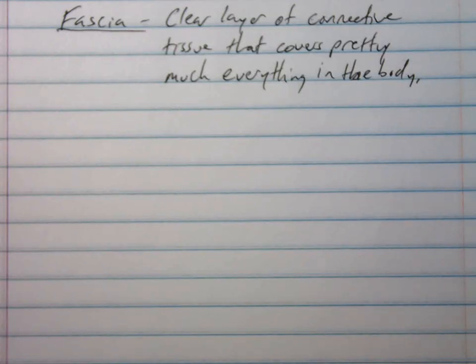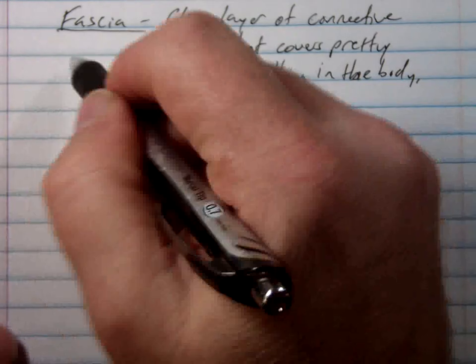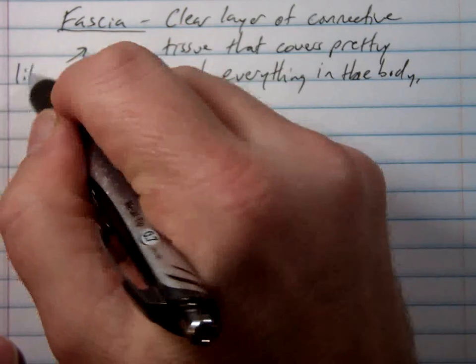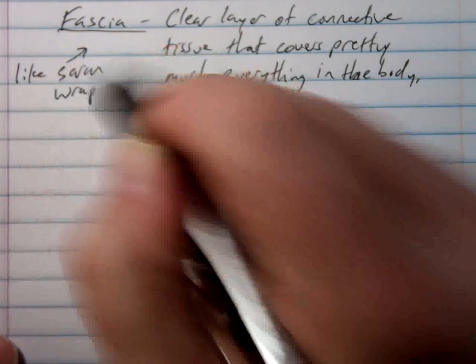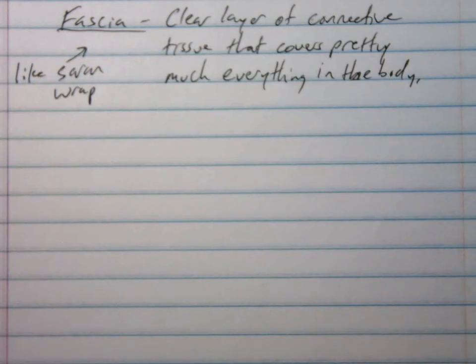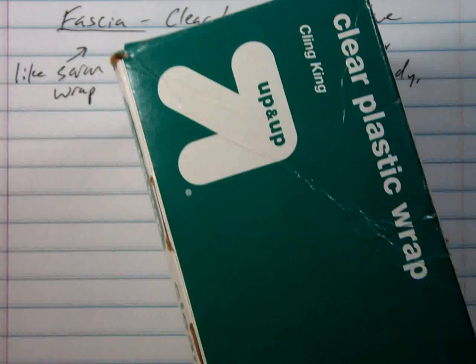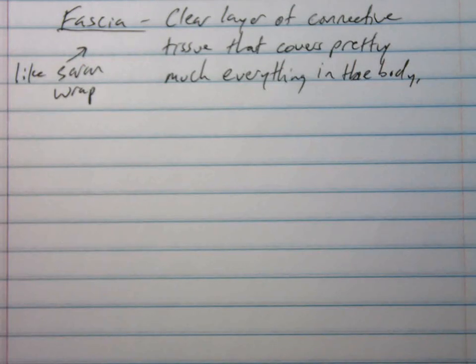What I want you to think of it as is that it's like saran wrap. If I say saran wrap, you know what I'm talking about? I guess the off-brand has to call it plastic wrap because I think saran wrap is a brand name. So I'm gonna tear off a sheet of it.